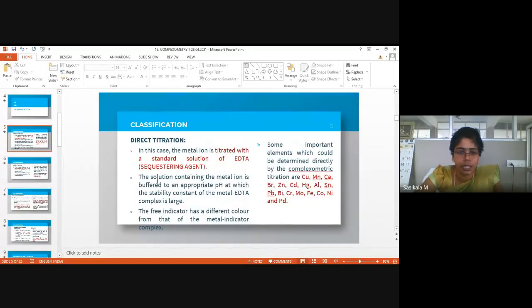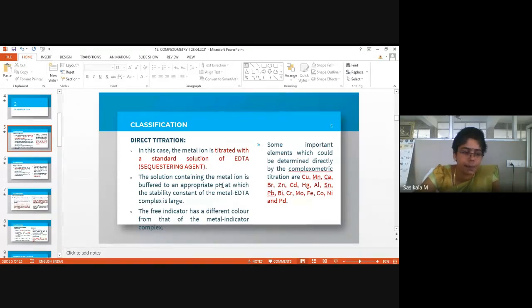Next, this is the direct titration. The solution containing the metal ion is buffered to an appropriate pH. In complexometry we must maintain a buffer, that is, we must use a buffer to maintain pH. What pH do we need to maintain so that the metal and EDTA complex will form? A pH of 11 should be maintained; 9 to 11 is the range, with a maximum of 11.